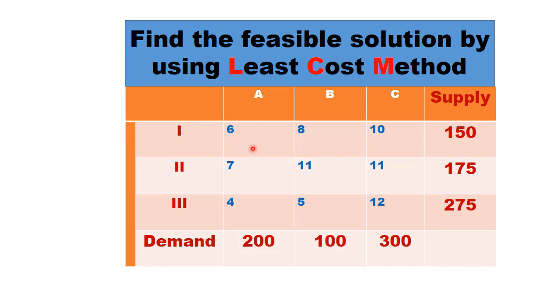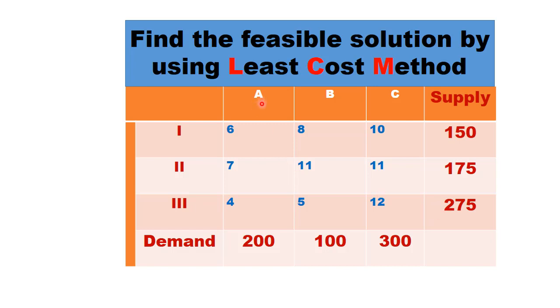The blue color digits represent the costs of one item. Supply values are: for source 1, the supply value is 150. For source 2, the supply value is 175. For source 3, the supply value is 275.